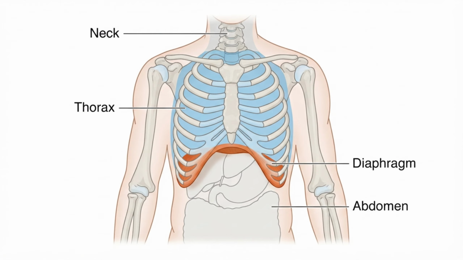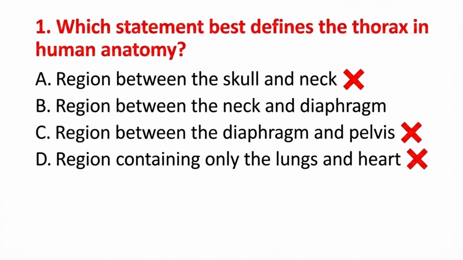The diaphragm forms the lower boundary of the thorax and separates the thoracic cavity from the abdominal cavity. Then the thorax contains important structures including the lungs, heart, major blood vessels, and other organs within the medial sternum.